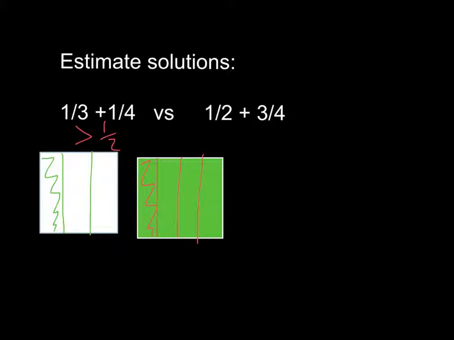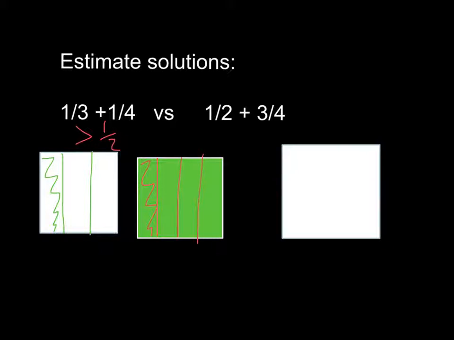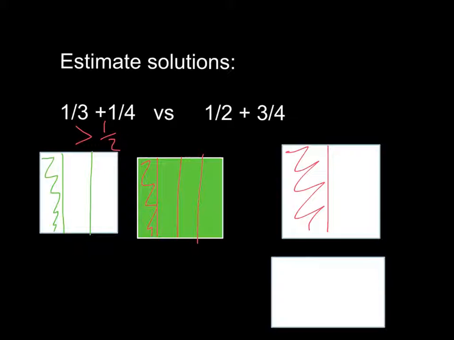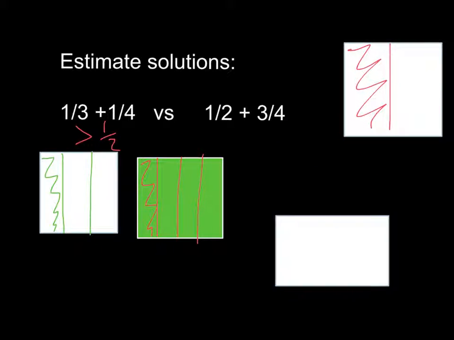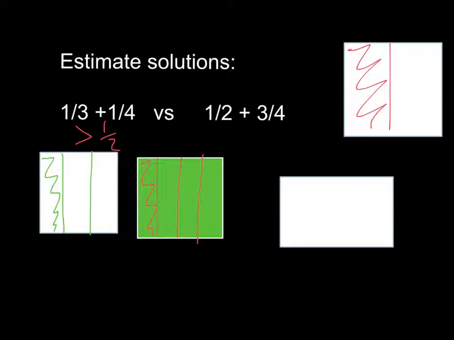But what about 1/2 plus 3/4? That's a different problem. If I have 1/2 plus 3/4, I know that 1/2 is equal to 1/2, and that 3/4 in my other rectangle is greater than 1/2.